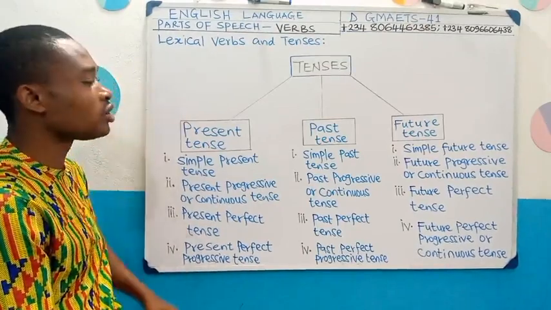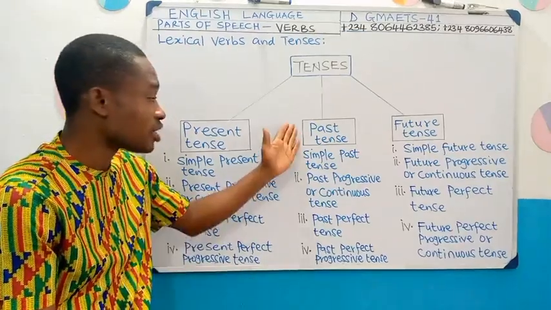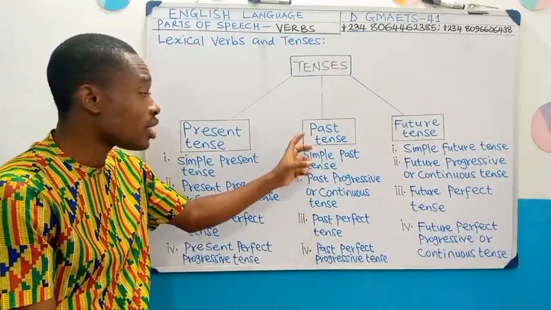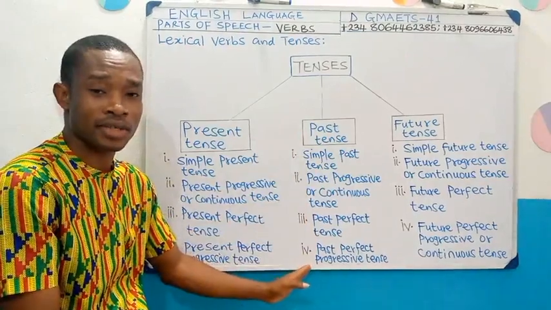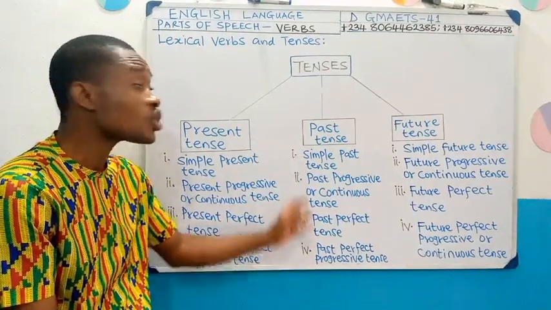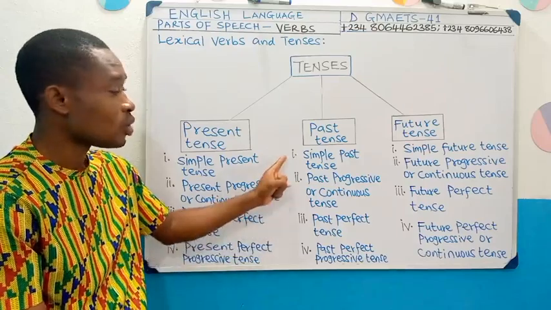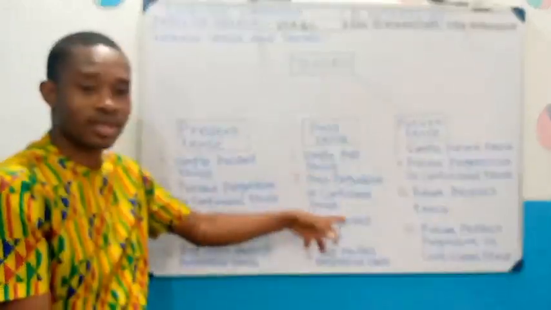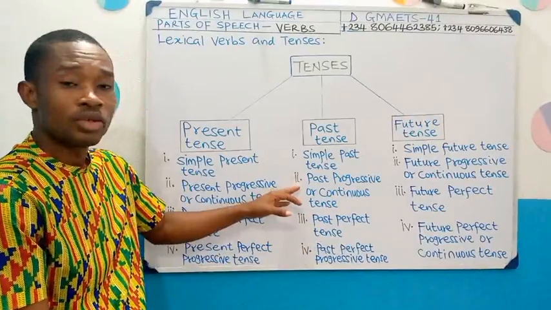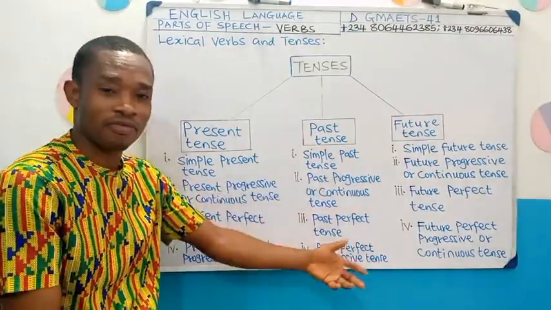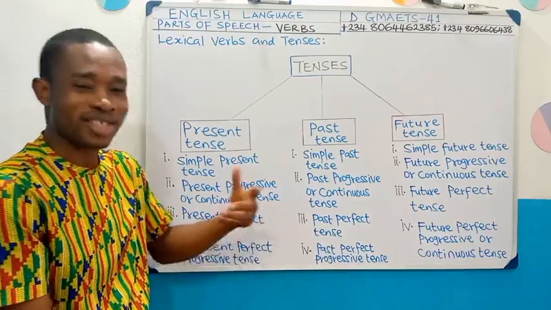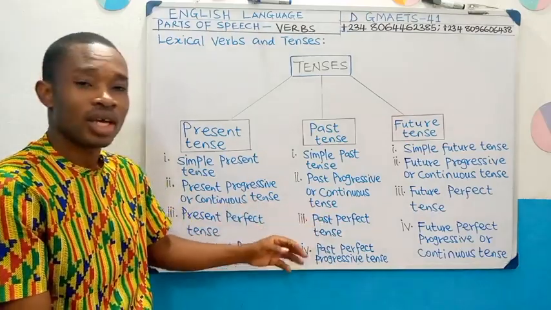Now let us move on to the past tense, which is this. The past tense also has 4 other tenses under it. Let us go through them and see. 1. The simple past tense. 2. The past progressive, which you can also call the past continuous tense. And then 3.